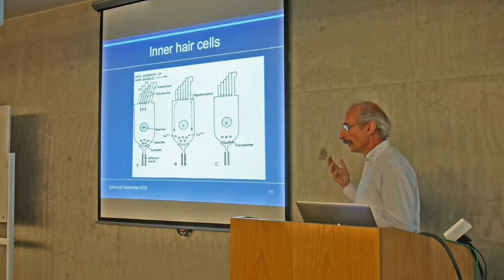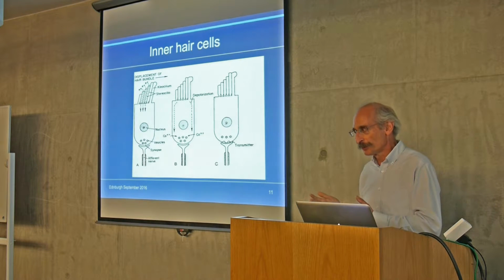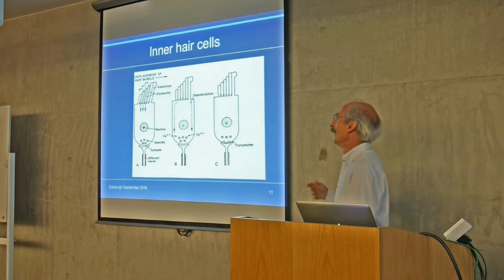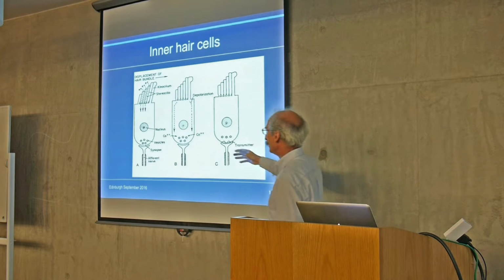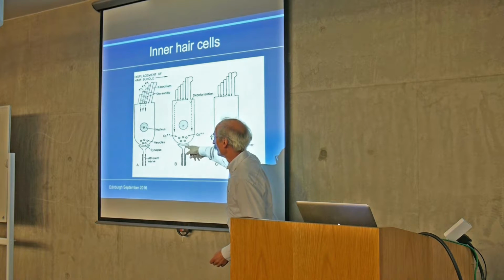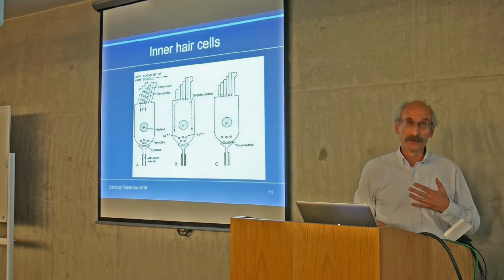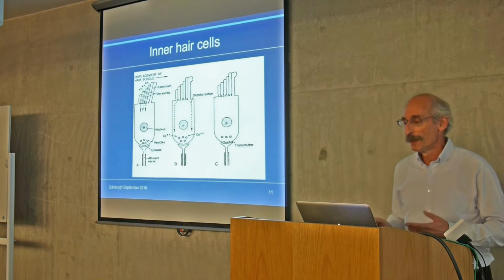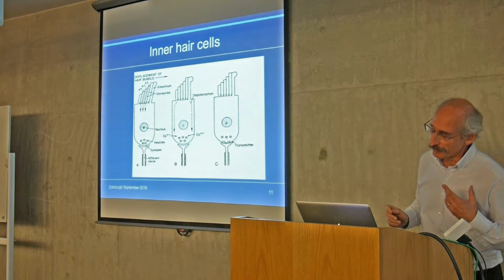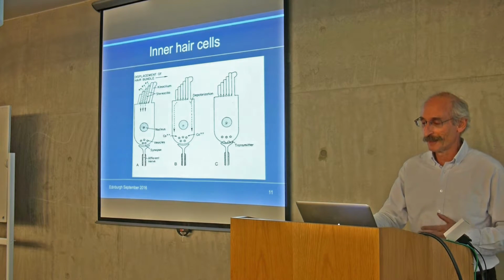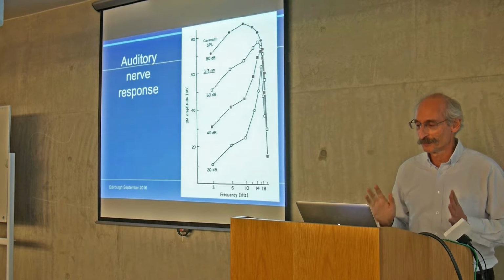And that opens and closes very rapidly changing ionic channels, and results eventually in changes happening down here at the synapse onto the afferent nerve. The axons of those cochlear nerves become the auditory nerve.